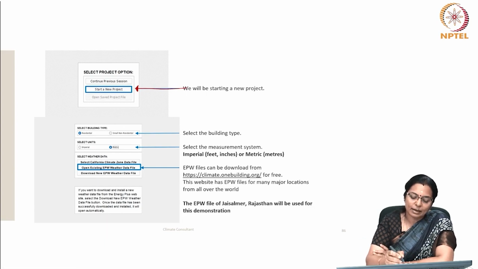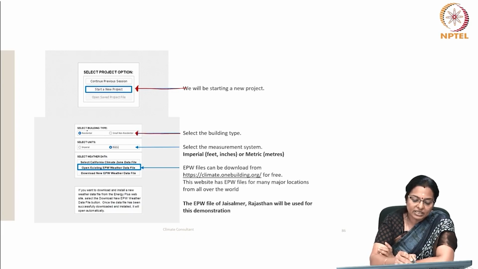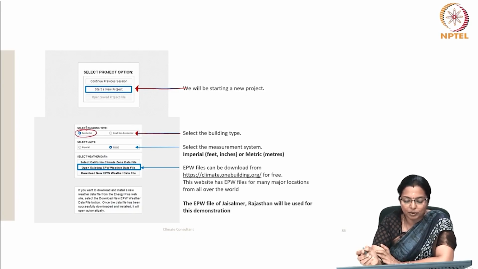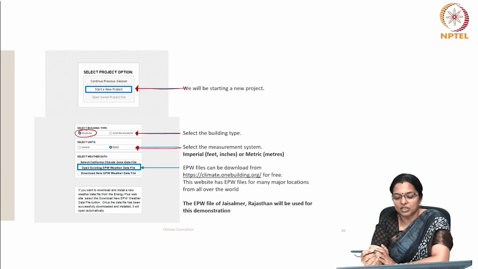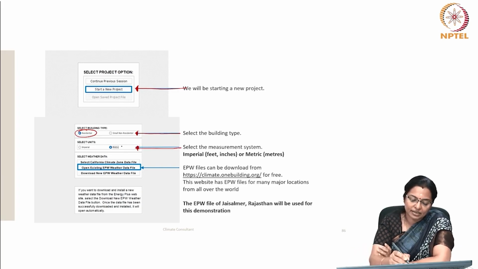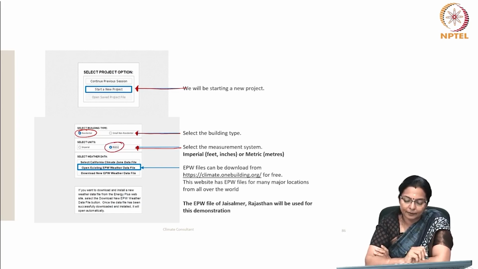Then you select the typology of building, either residential or small non-residential. I have selected residential here for the purpose of demonstration. You can select the measurement system, imperial, which means feet and inches, or metric in meters. I have selected metric. Then select weather data.